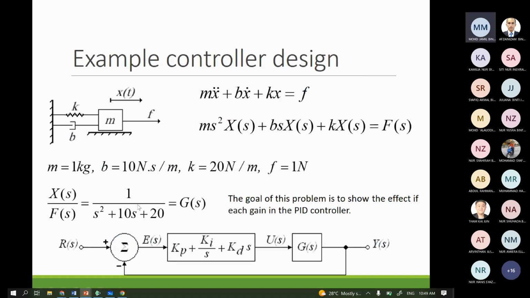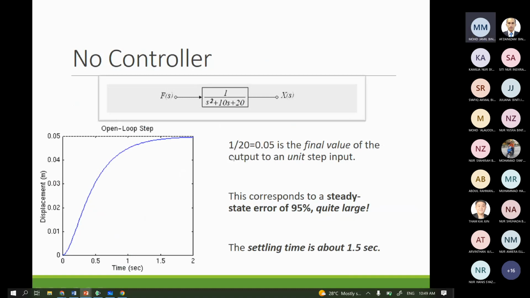Okay, you must reach the value 1 for this system, but for system without any controller, you only get final value equals 0.05. In this case, the steady state error is 95%, which is very, very large. And the settling time is about 1.5 seconds. So here you want to reduce the steady state error because the steady state error is very large, 95%.